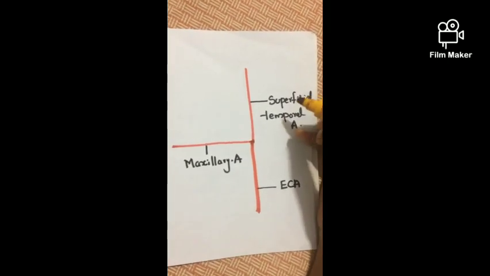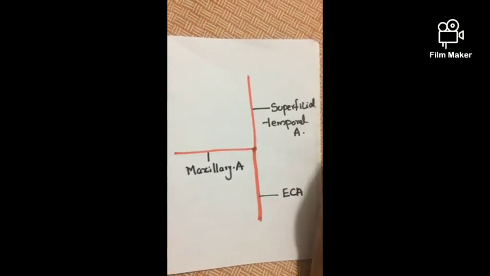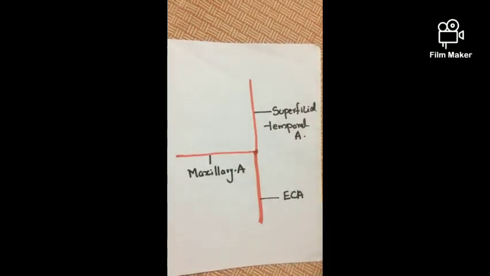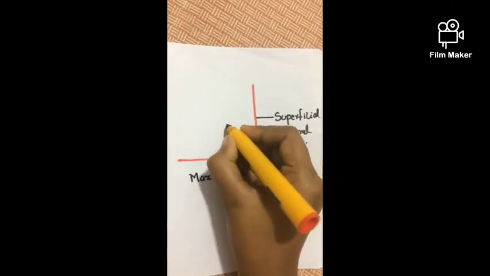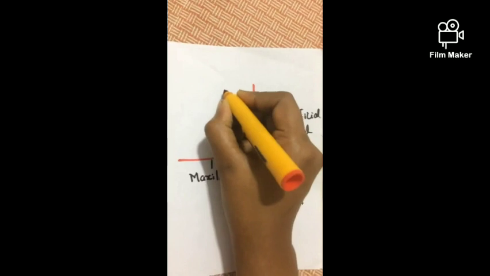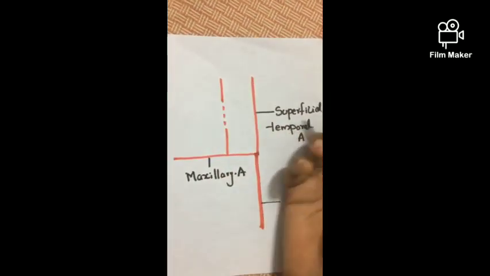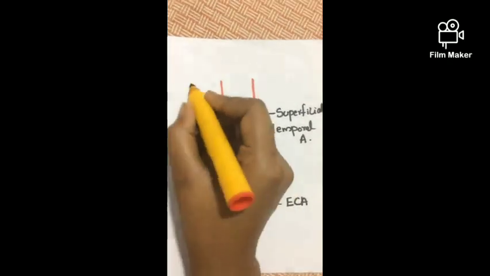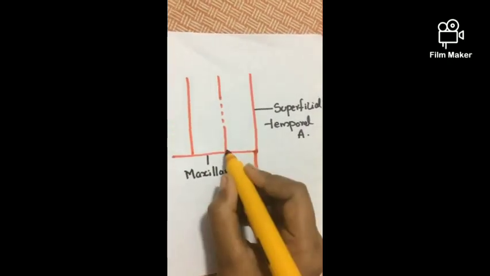In the TMJ, only two branches of the maxillary artery take part. The first one is the middle meningeal artery. Why I have drawn it dotted here, I will explain later. The second one is the masseteric artery.